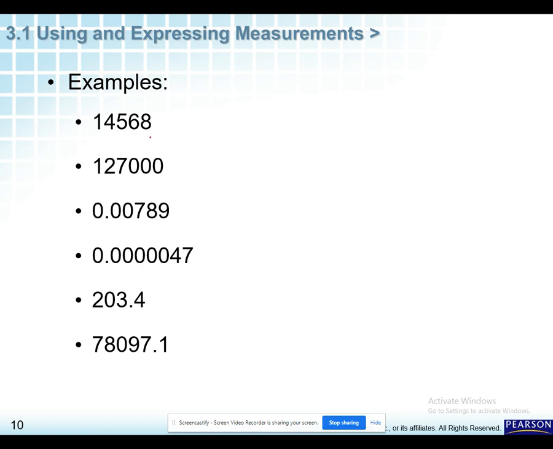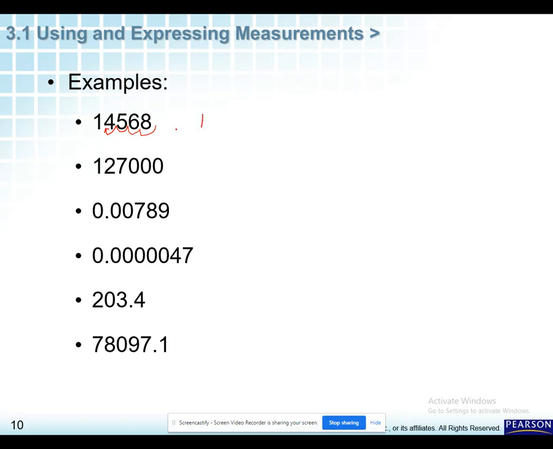So right here we have 14,568. If you do not see a decimal in a number, it's always going to be at the end. So right now the decimal is at the end. You want this number to be between 1 and 10, so you have to move it 1, 2, 3, 4 to the left.